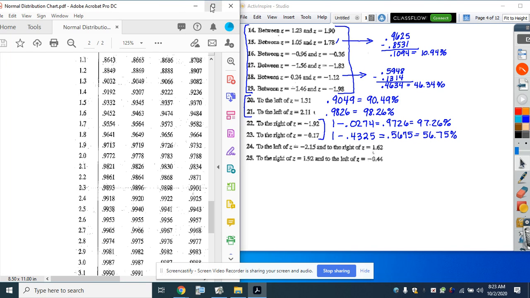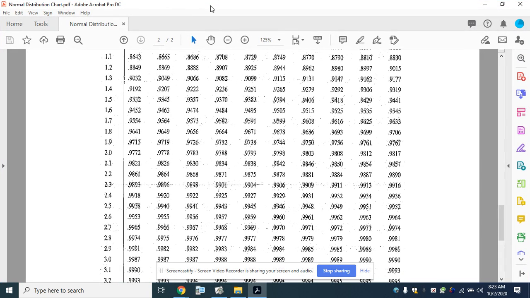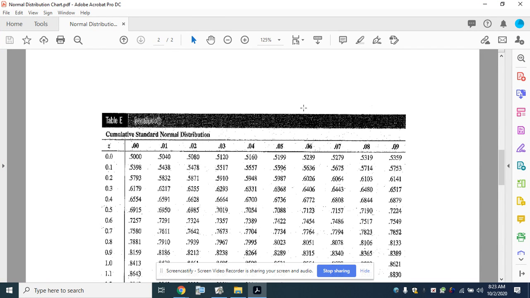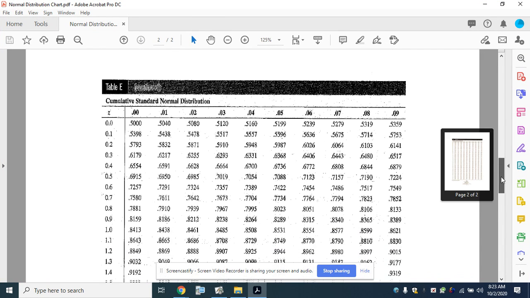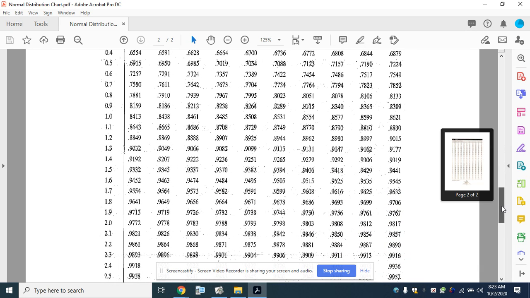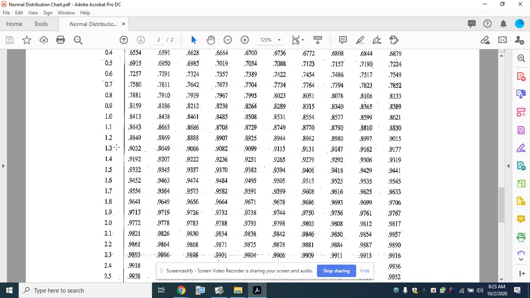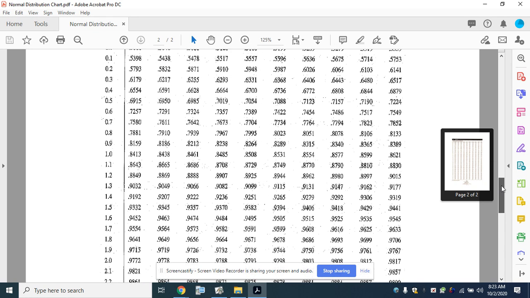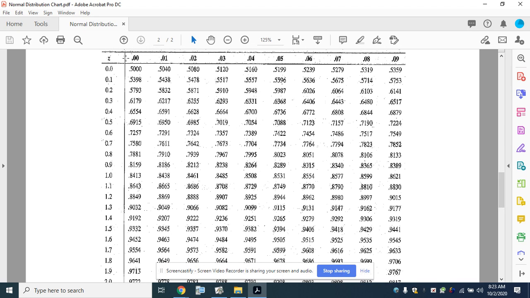I'm going to open this up so you can see a little bit better. I need to find 1.31. So 1.3, the first part of my number, is right here on the left. At the top, you have numbers that are 0.00, 0.01, 0.02. That is the last digit of the number you're looking at.